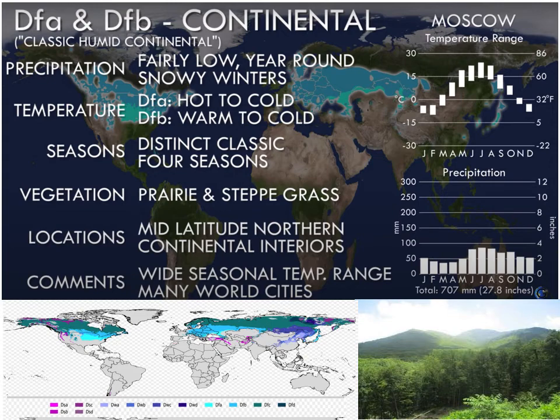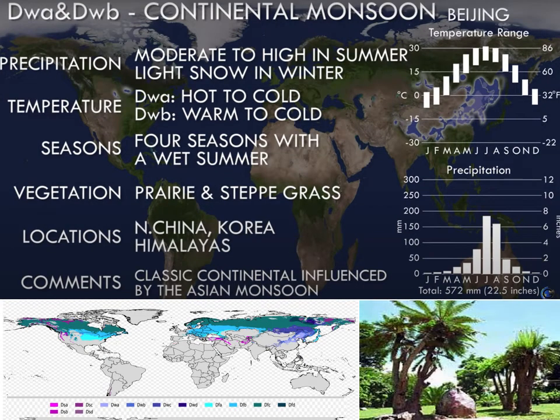Both these zones experience rain throughout the year. DFA experiences hot summers and DFB somewhat cooler but still warm summers. Natural vegetation is usually grassland in these areas. So prairie and steppe, these types of grasslands are mostly in these temperate or continental zones.